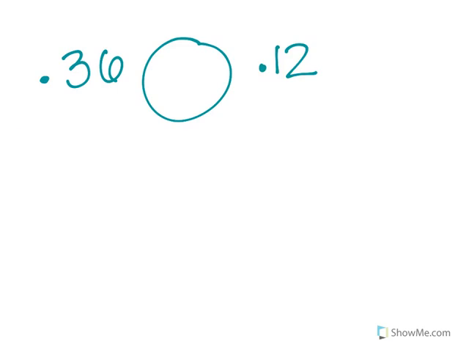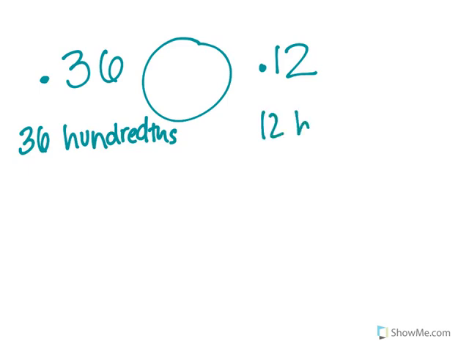Watch. If I give you 36 hundredths and I want you to compare it with 12 hundredths. This is 36 hundredths. This is 12 hundredths. It's the same as thinking about it as pennies.